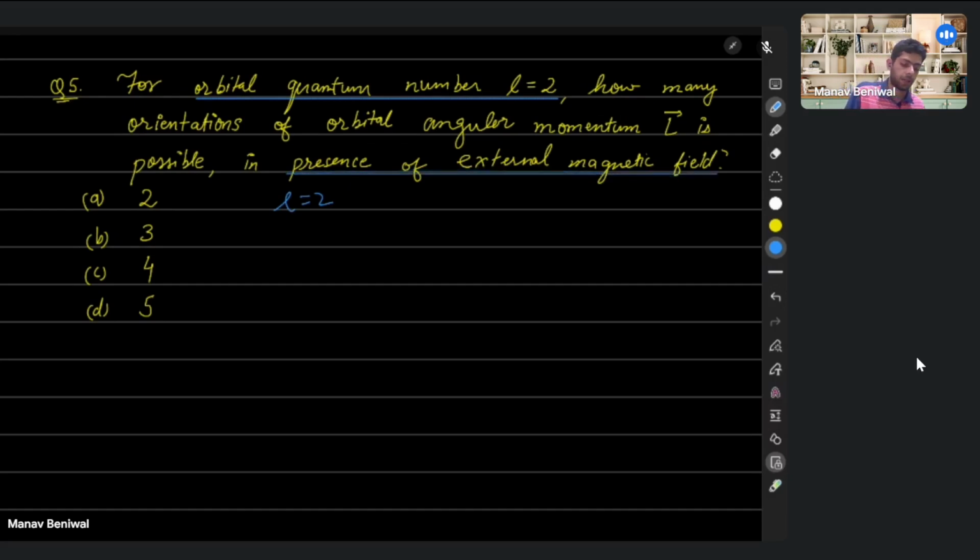Okay, so there is an external magnetic field which is applied. Let's say that the external magnetic field is applied in z direction. Okay, let's say this is the direction of applied magnetic field.